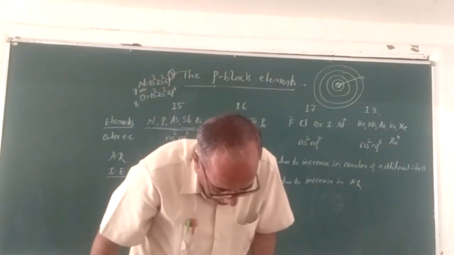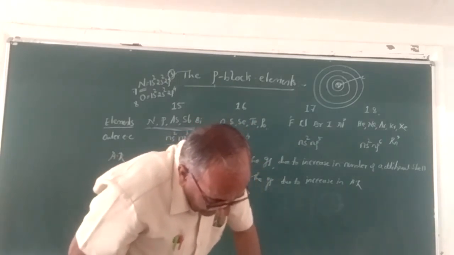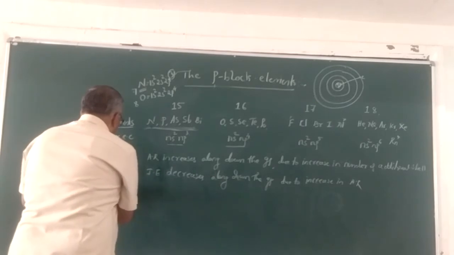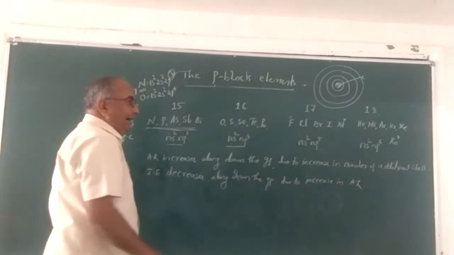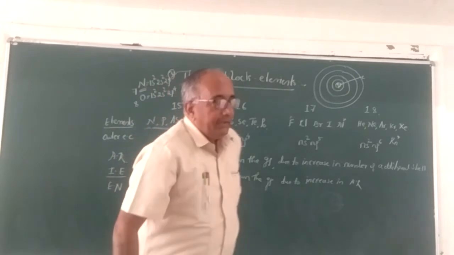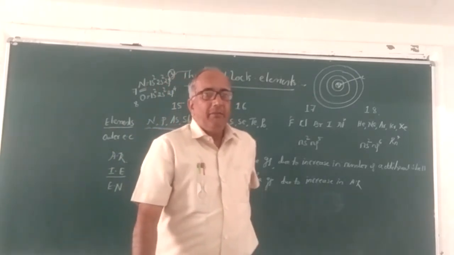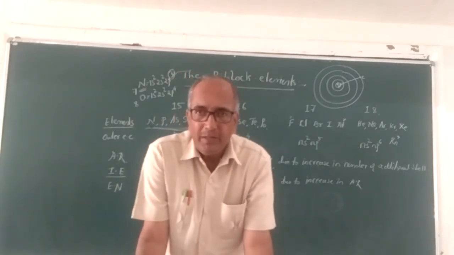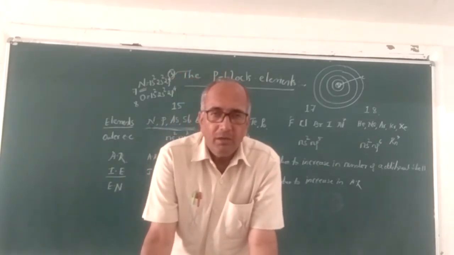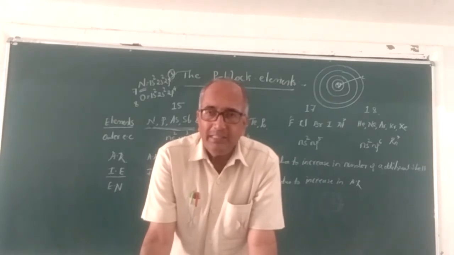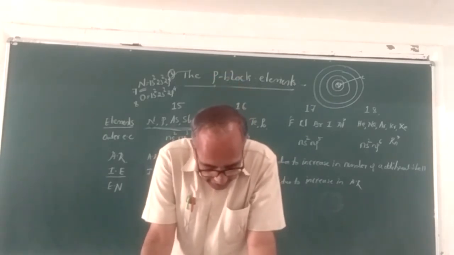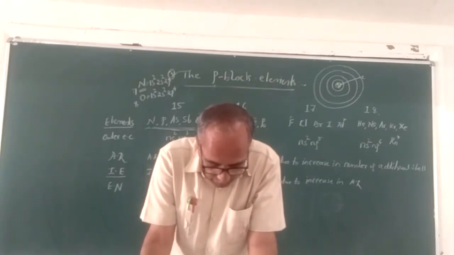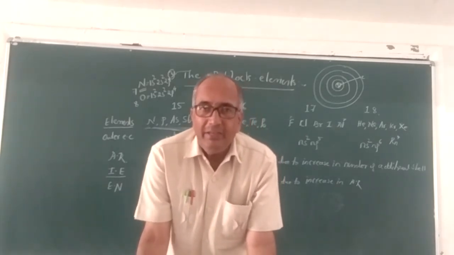Then about electronegativity. What is meant by electronegativity? It is the tendency of attracting the shared pair of electrons from one atom to another atom. Now, down the group, electronegativity decreases.